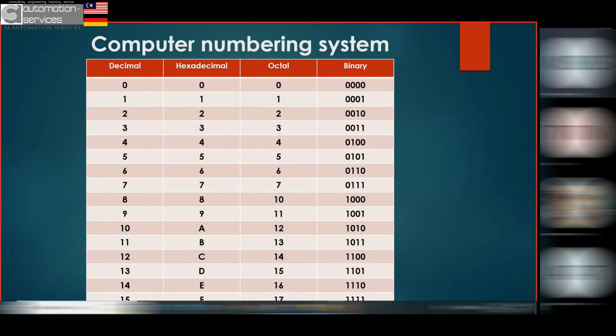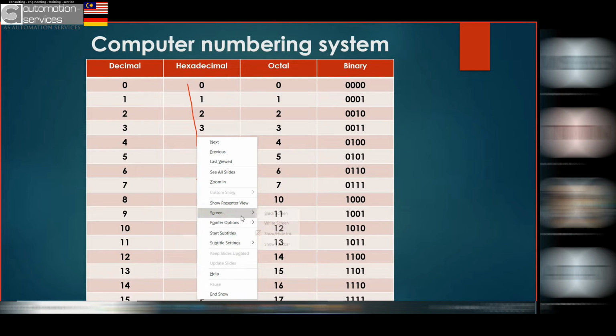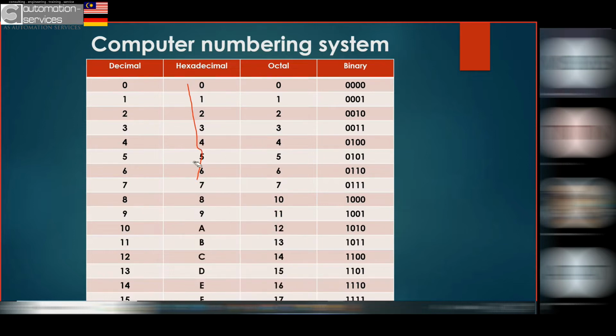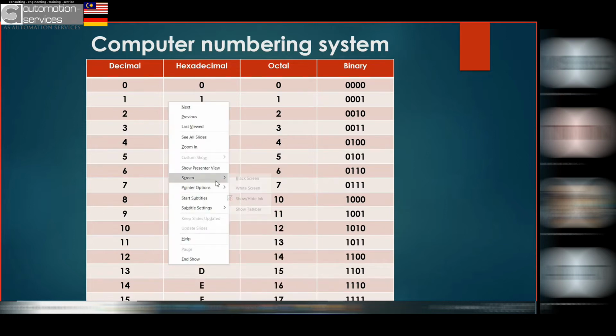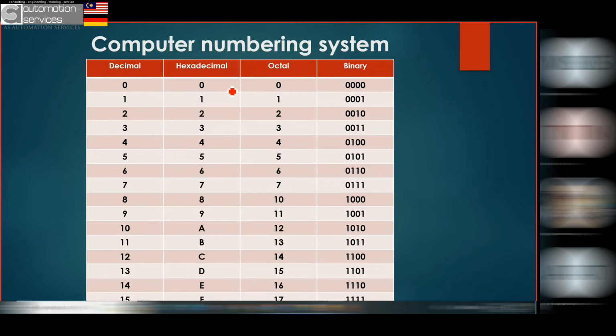This is an example in a table. You can see hexadecimal has 0 to 9, then A to F, 16 digits.